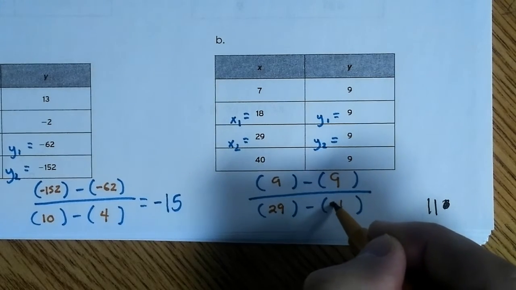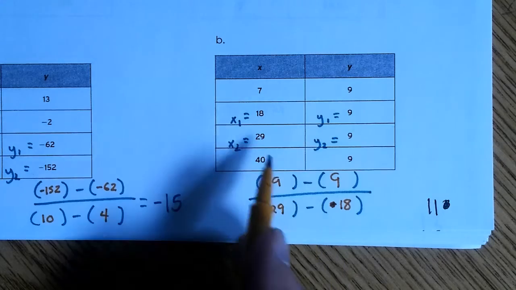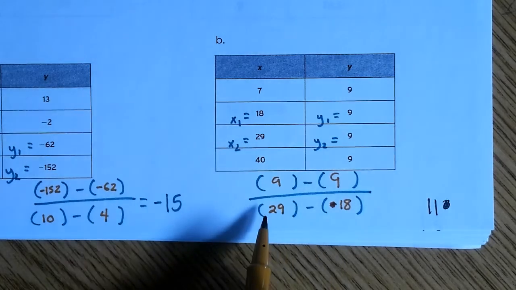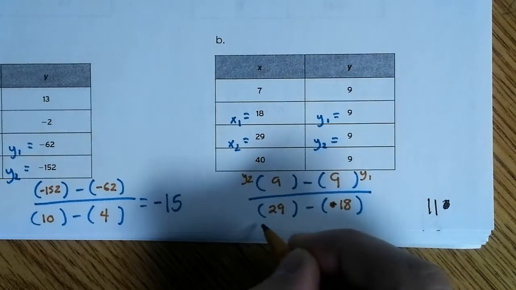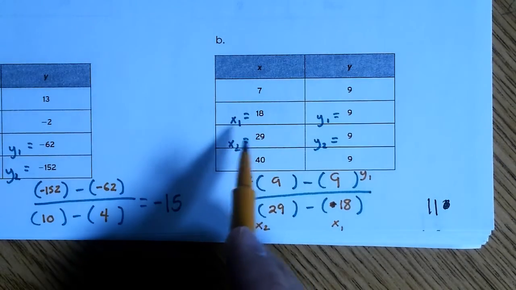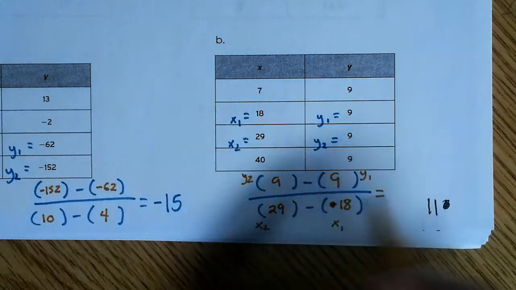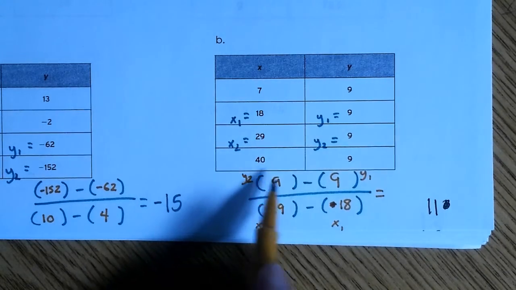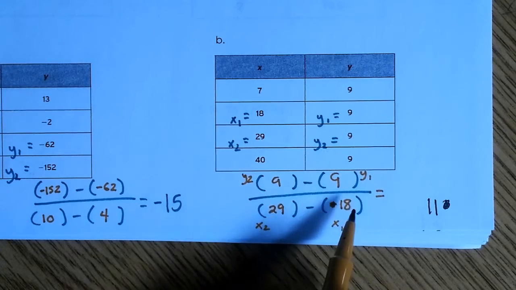I said negative 18, I'm sorry. It should be a positive 18. Remember, your x2 always goes first. So y2 minus y1, x2 minus x1. That's why 29 goes first, because that's our x2. Y2 always goes first up top, and then y1. On the bottom, it's always x2 first, and then x1.